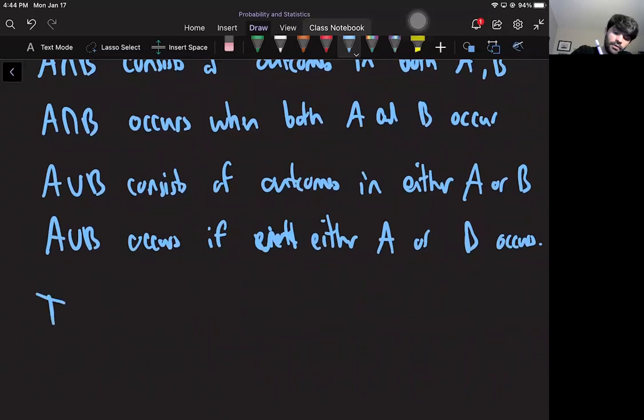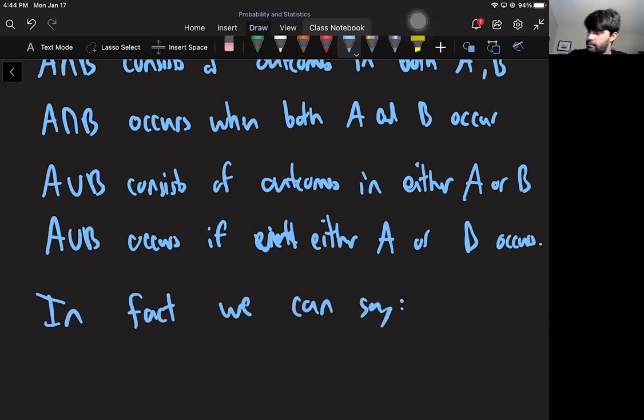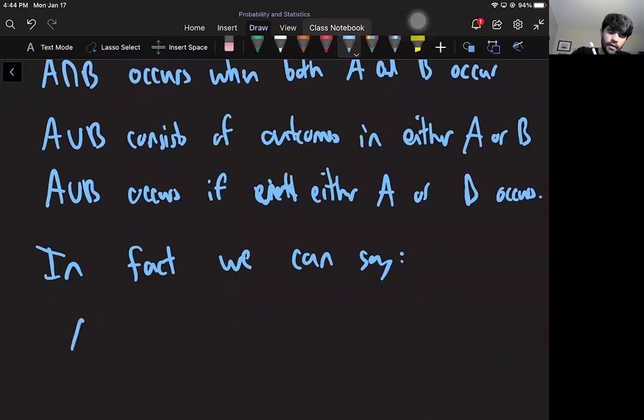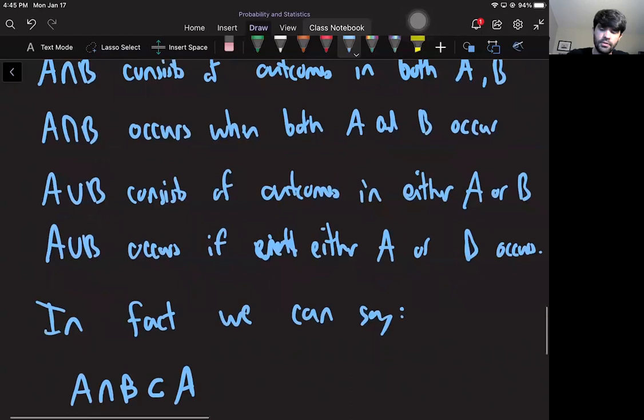In fact, we could also use our other types of wording and language. So we can say things like this. A intersect B, that's always going to be a subset of A, because A intersect B is smaller.